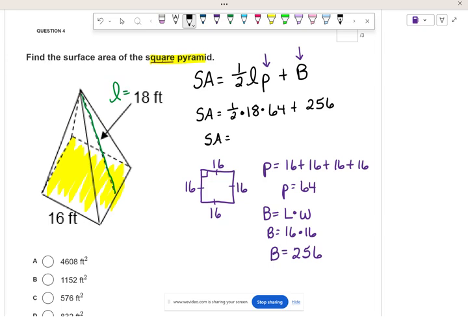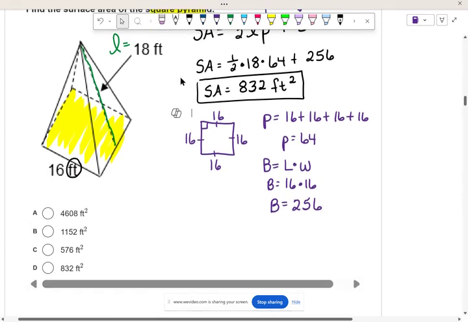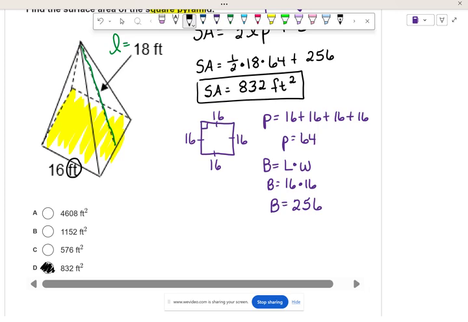And I got that the surface area would be 832. We were measuring in feet, and because this is area, our answer would be feet squared. Let's see if we can find that in our multiple choice answers. It is D, 832 feet squared.